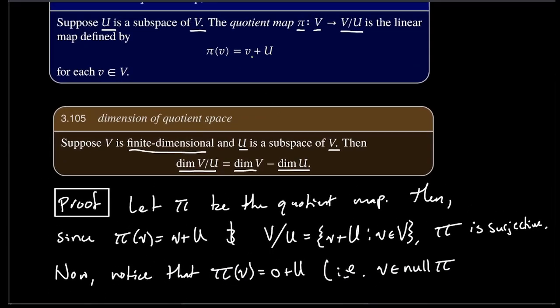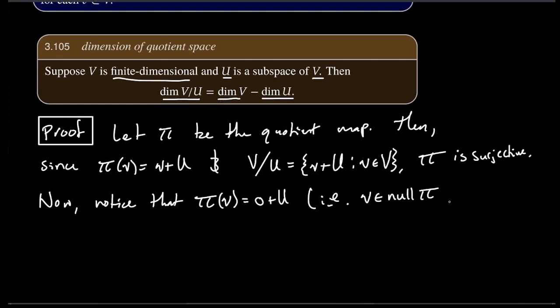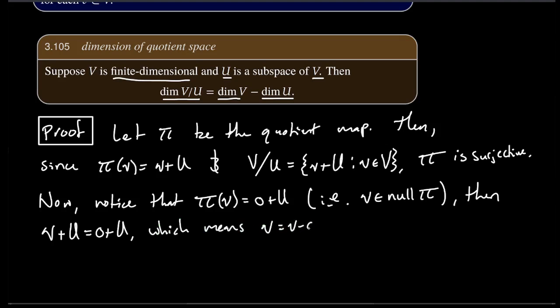And if you send it in this way, well, that's what you get. This says the following. So if pi v is equal to this, then v plus u is equal to 0 plus u, which means v, which is equal to v minus 0, must be an element of u. So the null space of pi is just u.